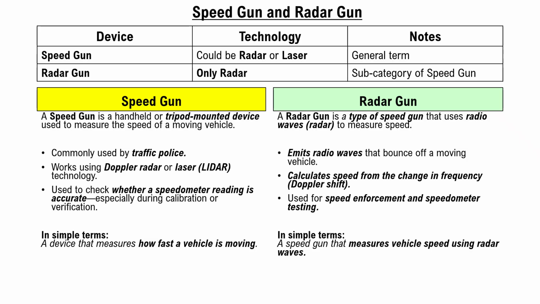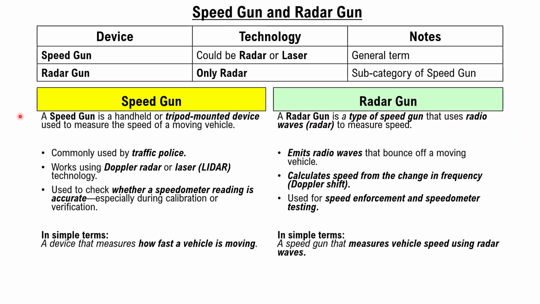We use the terms speed gun and radar gun. Let's compare both types of instruments. Speed gun uses the technology of radar or laser, and it is the general term. Radar gun uses only radar, which is a subcategory of speed gun.